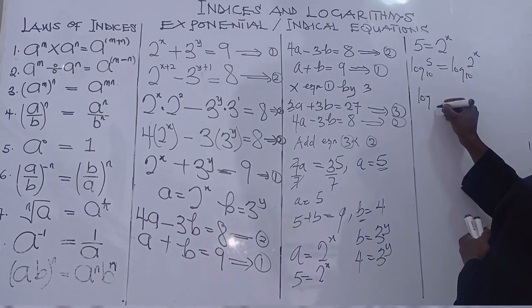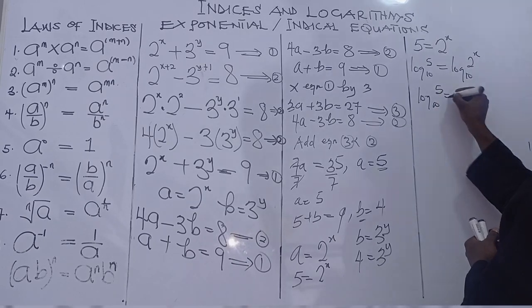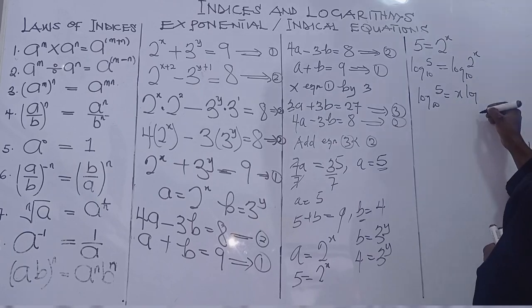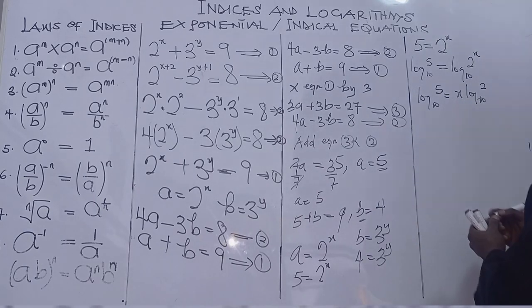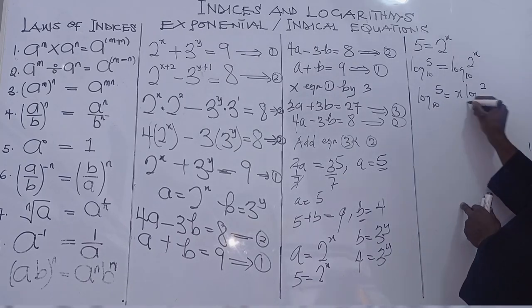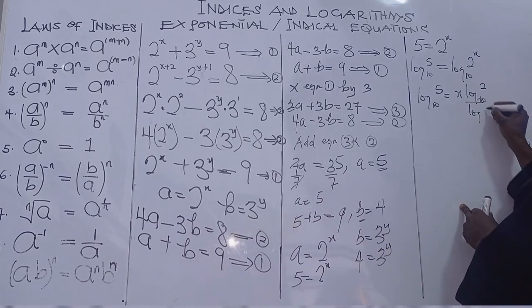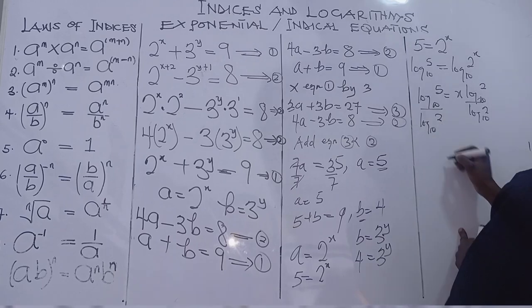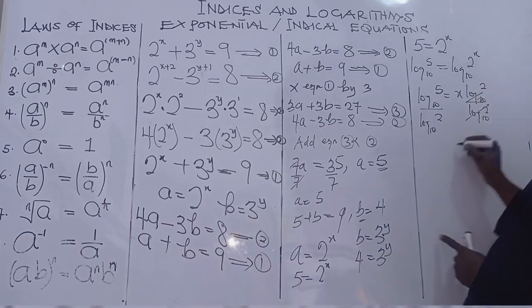So we have x, this will come in front. We are left with log 2 to the base of 10. We are looking for the value of x. So let's divide both sides by log 2 to the base of 10, log 2 to the base of 10. So this and that will cancel.